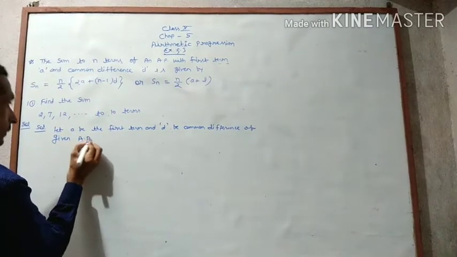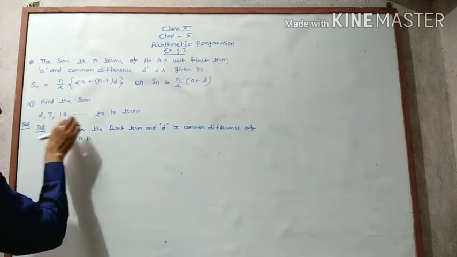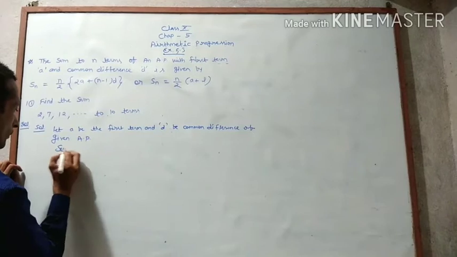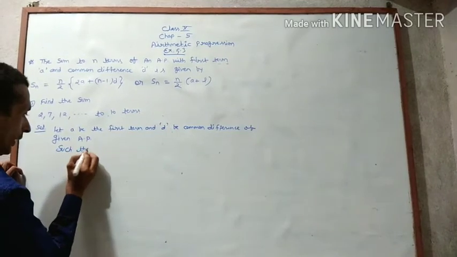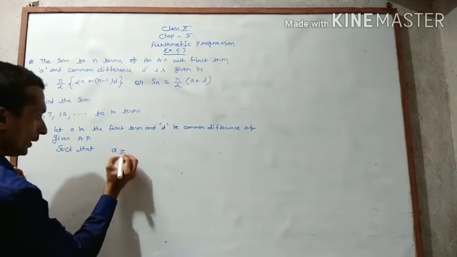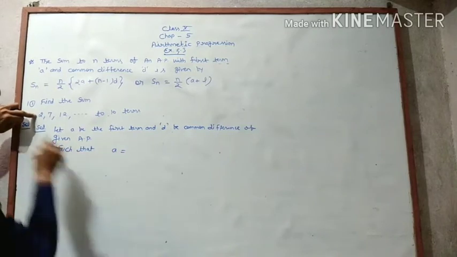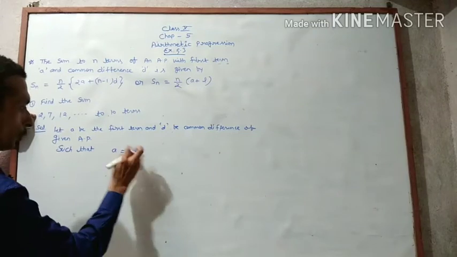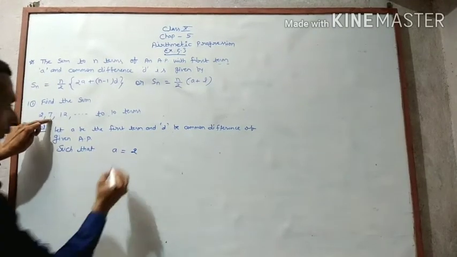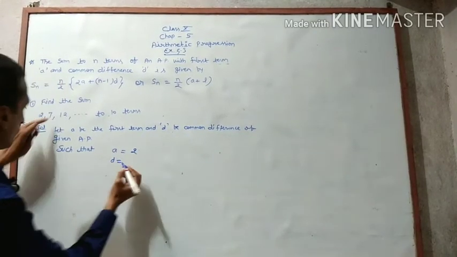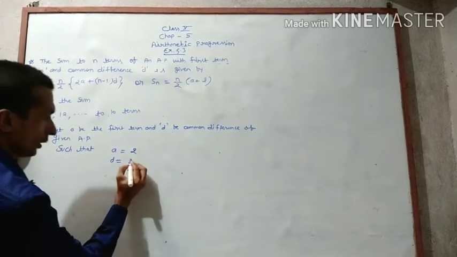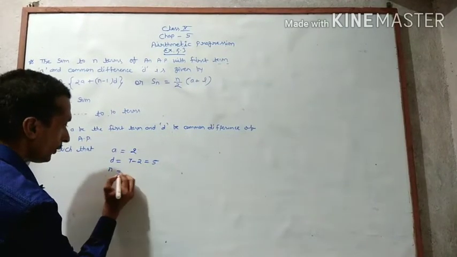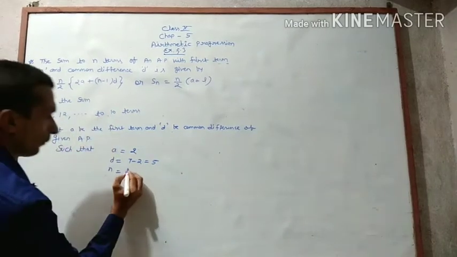The given AP is 2, 7, 12. So a equals how much? The first term is 2, so the value of a is 2. And the value of d is the second value minus the first, 7 minus 2, which is 5. The number of terms n is 10.